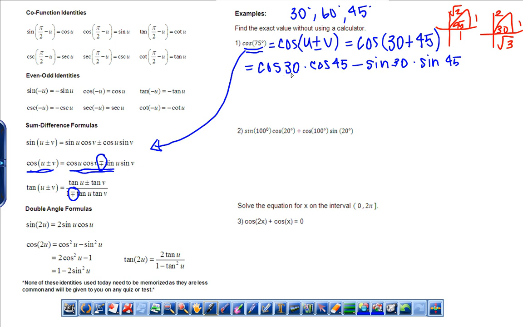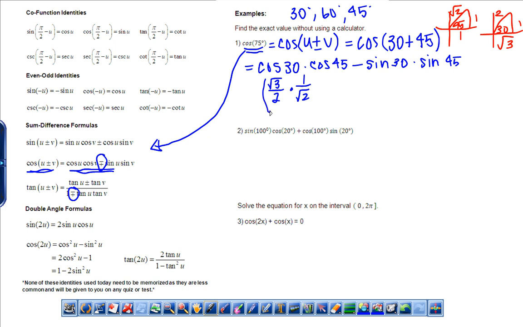Okay, so cosine of 30 degrees, cosine is adjacent over hypotenuse. So adjacent over hypotenuse is going to be root 3 over 2. And then go to the 45-degree triangle and find cosine. So that's going to be times 1 over square root 2.